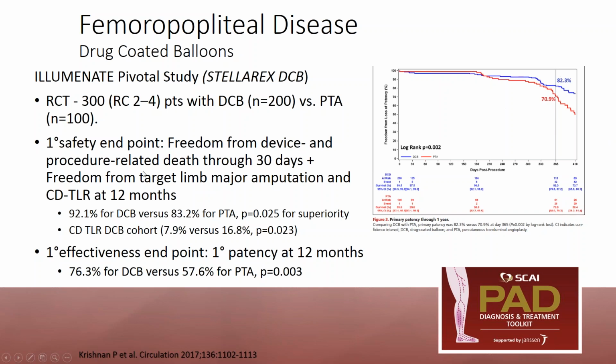Freedom from device or procedure-related deaths through 30 days was clear, no issues with the drug itself, no issues with safety. And the primary effectiveness data showed primary patency at 12 months of almost 73% using DCB versus 57% for PTA alone, which was significant.